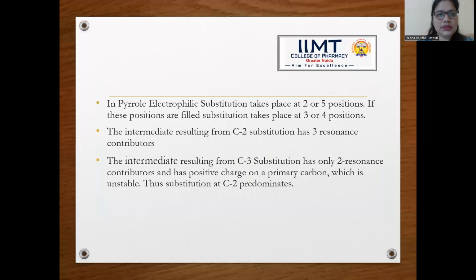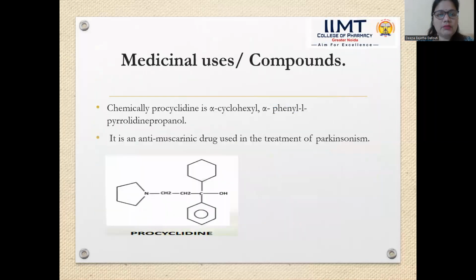So the last one is medicinal uses and compounds. Chemically, procyclidine is alpha-cyclohexyl and alpha-phenyl 1-pyridine propanol. It is an antimuscarinic drug used in the treatment of Parkinson disease.